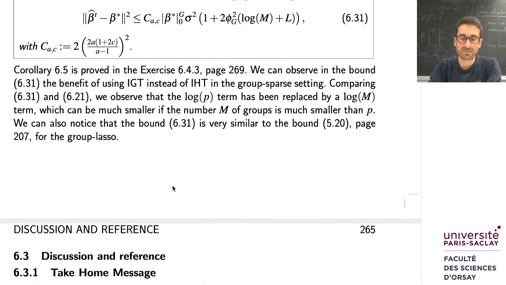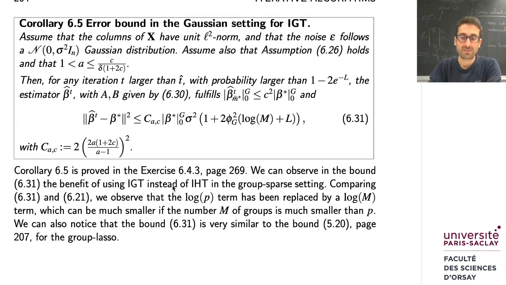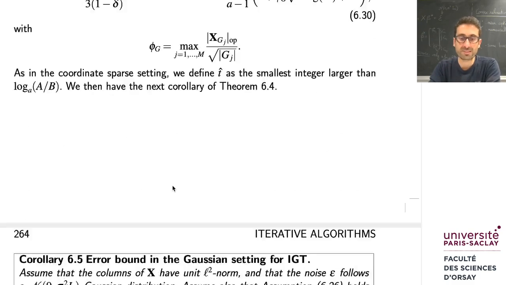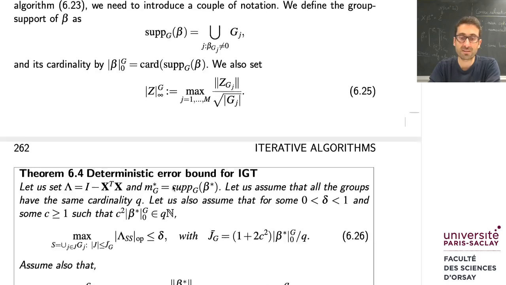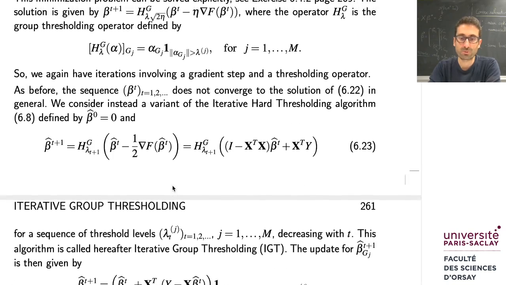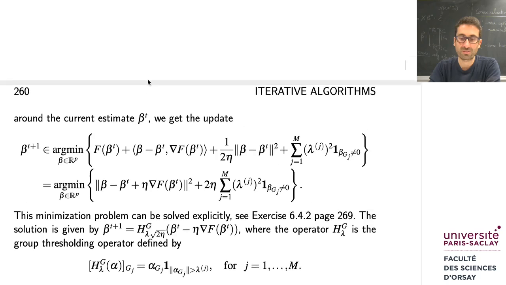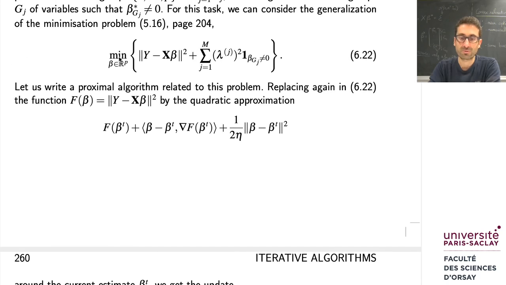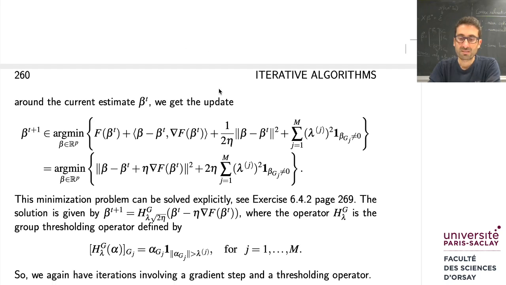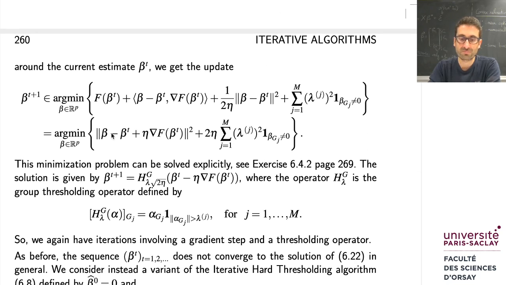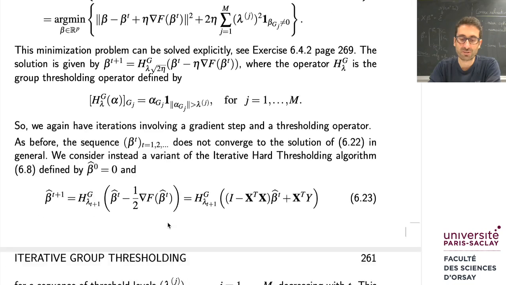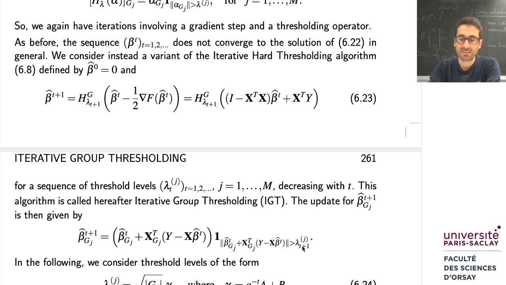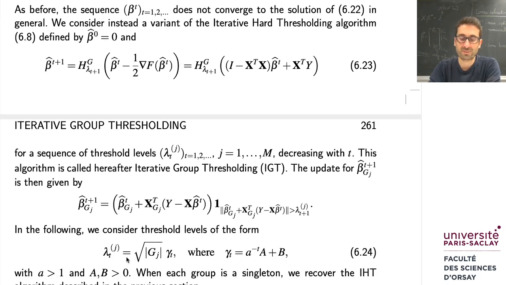So what we have obtained is very similar results simply by adapting the analysis and the algorithm to group sparsity. Essentially, we have taken the initial minimization problem, used the proximal method to obtain this kind of iteration, and then adapted the level by choosing this lambda t in order to ensure group sparsity of our solution.